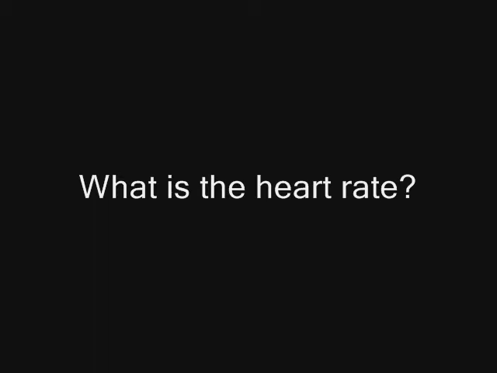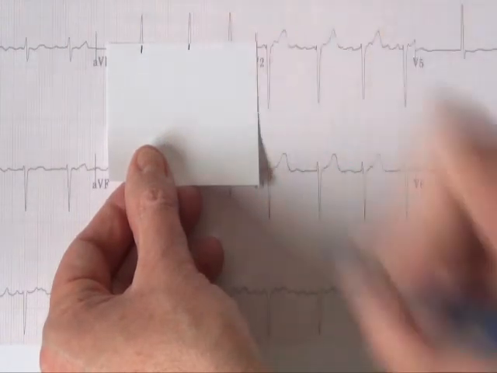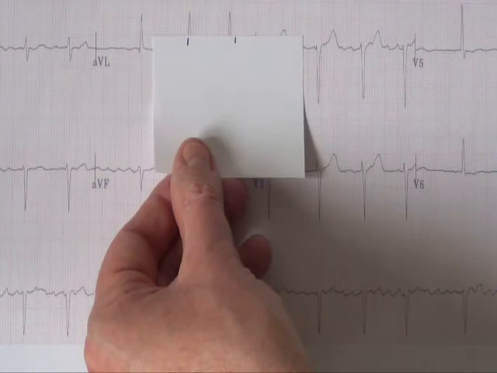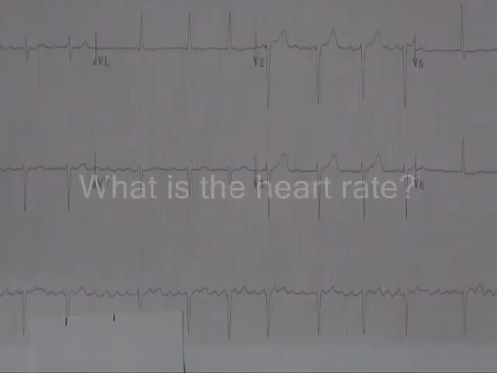Next, you need to calculate the heart rate. Remember, of course, check that the tracing is regular to start with. You know how to do this now. Place a piece of paper over the 12-lead ECG or EKG, mark off 2 R waves, move the piece of paper along, and subsequent R waves should fit over those marks. If it's irregular, it's suggestive of atrial fibrillation.